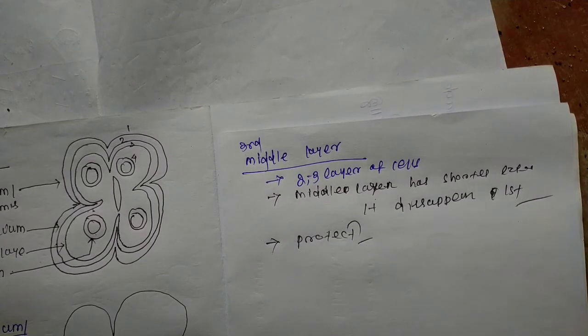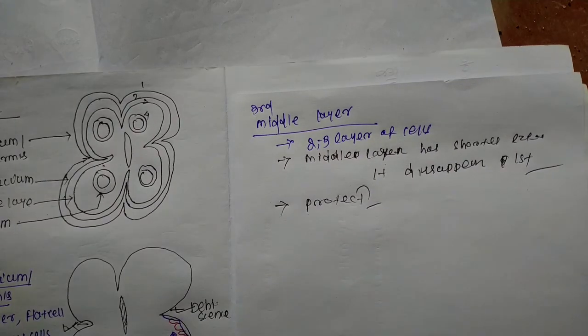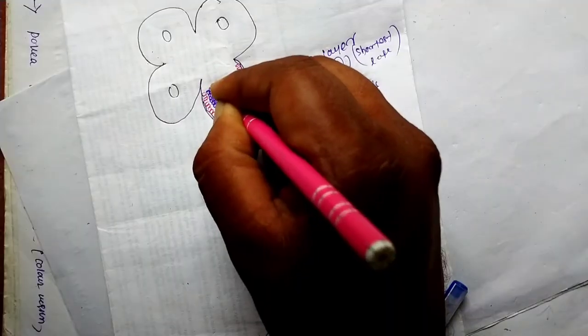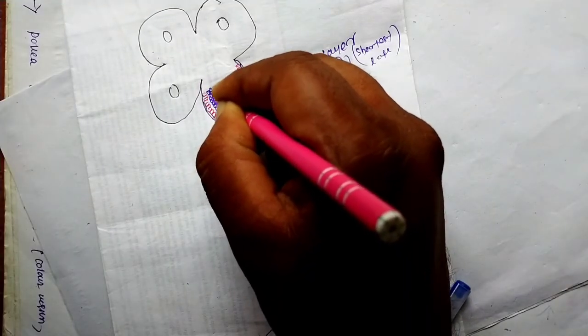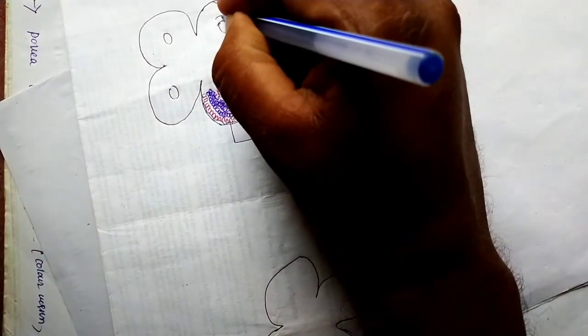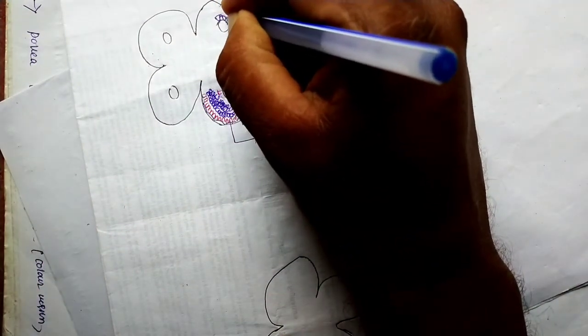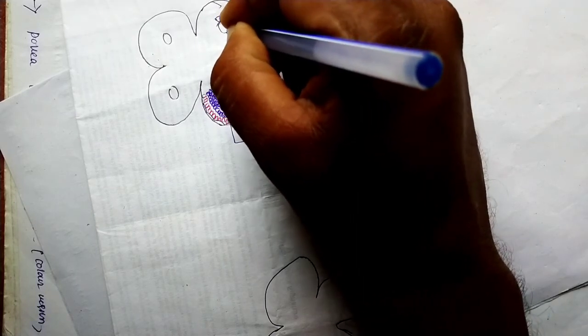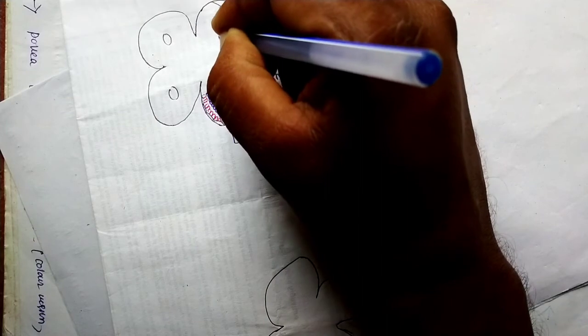The last, or fourth, layer is the tapetum. The tapetum is a layer of pyramidal cells which completely surrounds the microsporangia.